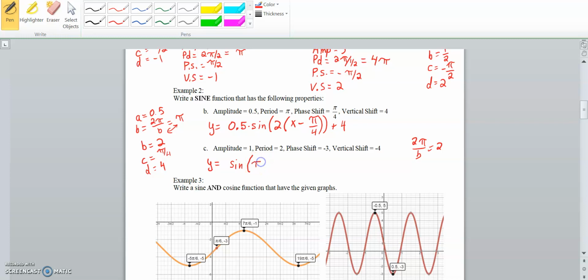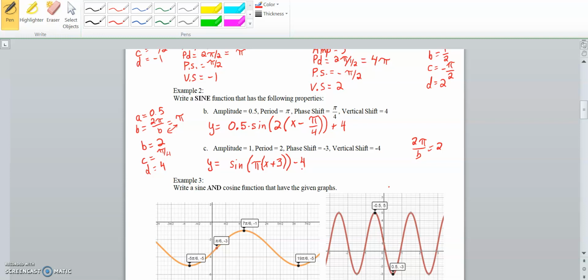So pi times x minus, well, our phase shift is minus 3, so plus 3. Sorry, I forgot my parenthesis there. And our vertical shift is down, so that's negative 4. And sine of pi of x plus 3 minus 4 is our answer.